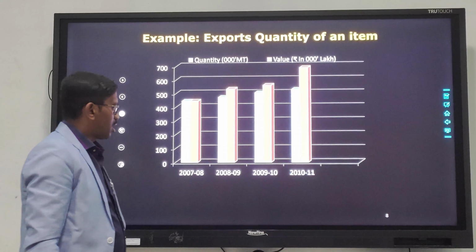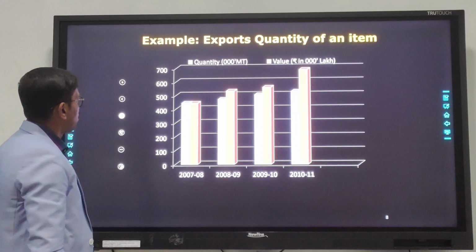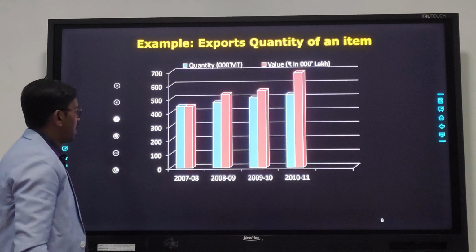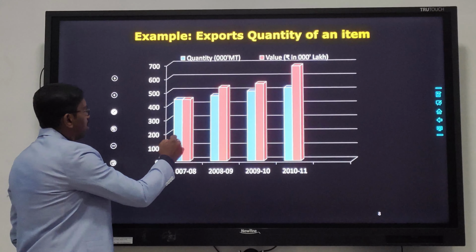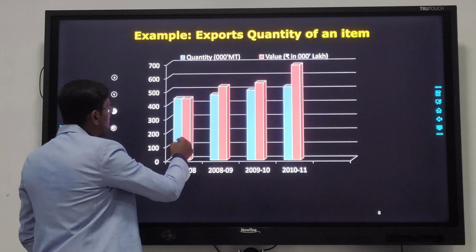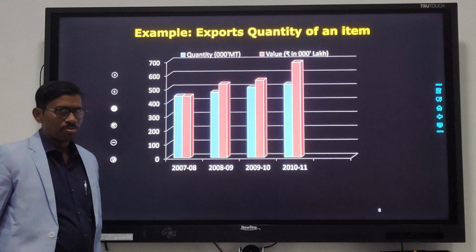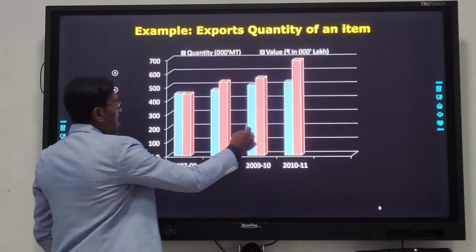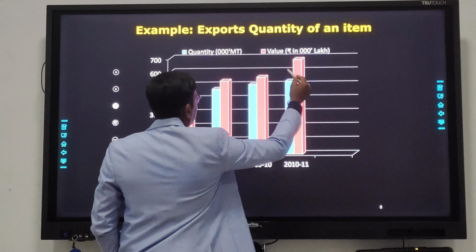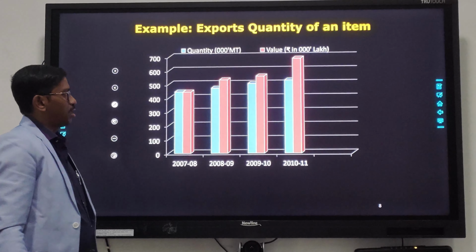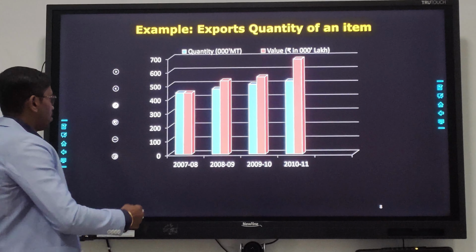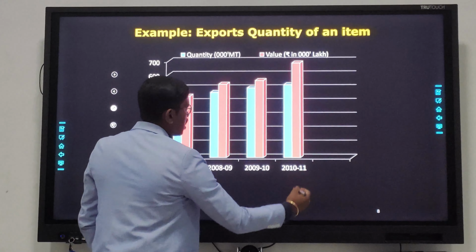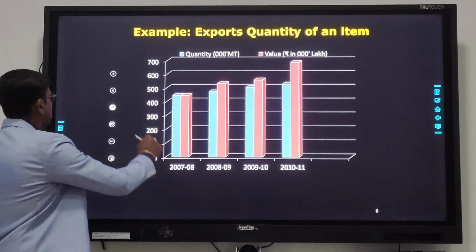This is another example of a graph where the title is export quantity of an item, and they have clearly defined the meaning of these blue bars as well as red bars. Blue bars mean quantity in 1000 metric ton, and red bars mean value in say 1000 lakh. But here the legends of the y-axis as well as x-axis are missing.